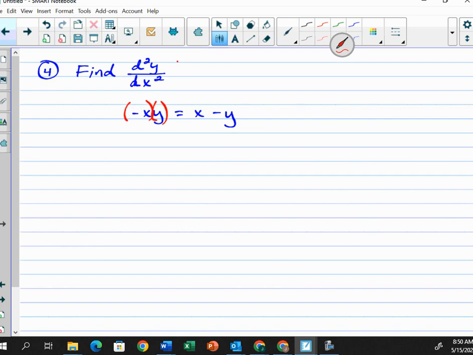So I'm going to take y times the derivative of negative x. What's the derivative of negative x? Negative 1. Plus negative x times what's the derivative of y? You can put the 1 if you want, if that makes you feel better.